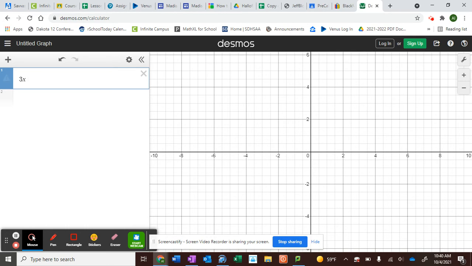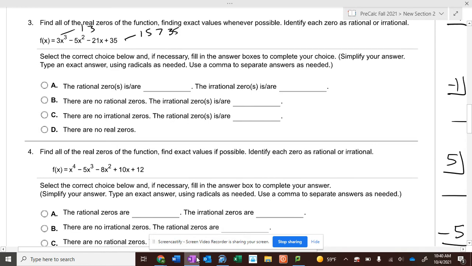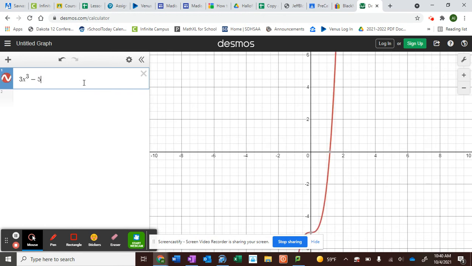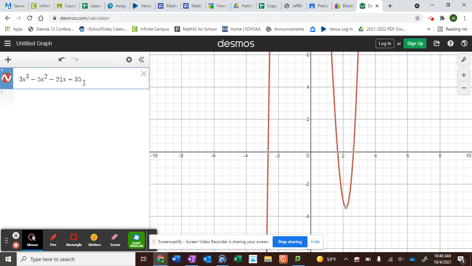3x cubed. And then it was minus 5x squared, right? Minus 5x squared, minus 21x plus 35.